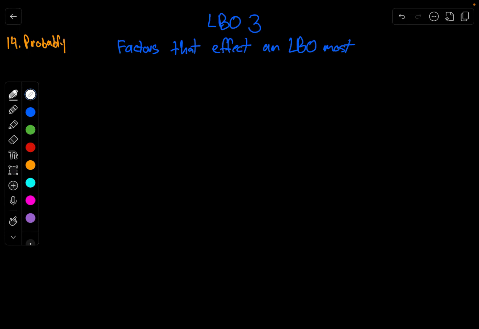So the way that I actually like to think about the factors that affect an LBO, and we've talked about this briefly in some of the other videos, are number one, the entry and exit, right?